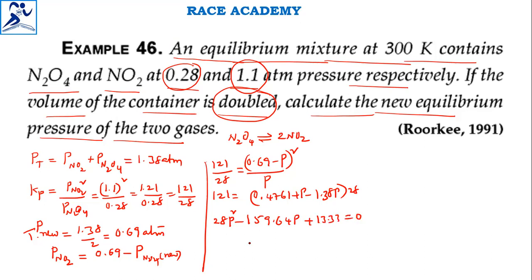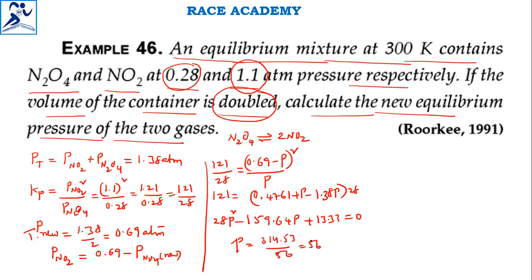In this, if you use the minus b plus or minus square root of b square minus 4ac by 2a expression, you will get 314.53 by 56.